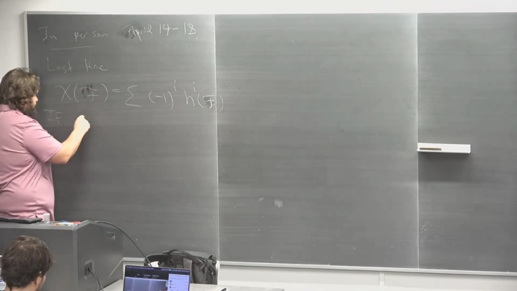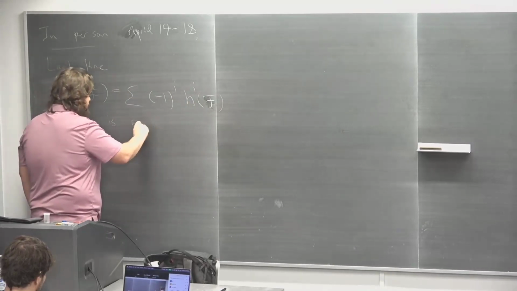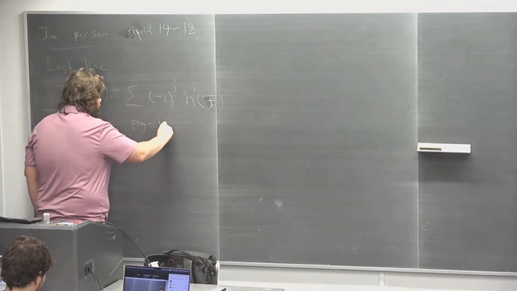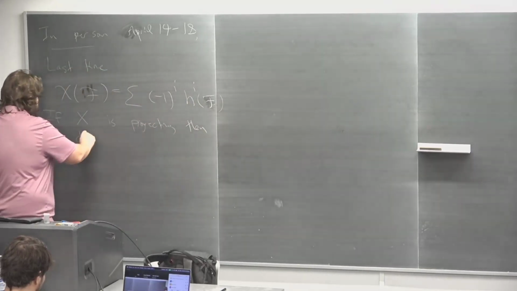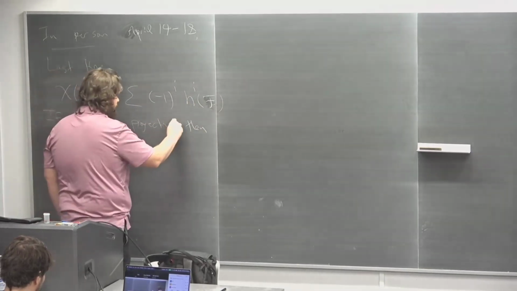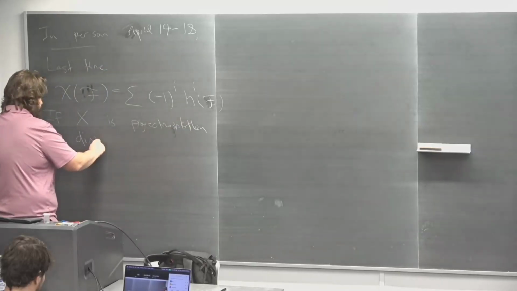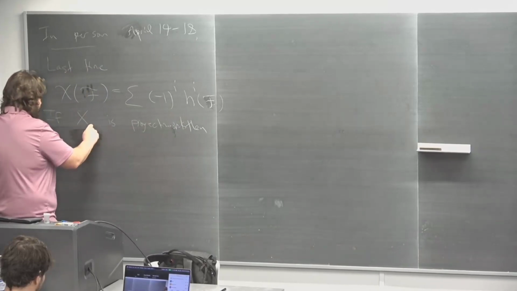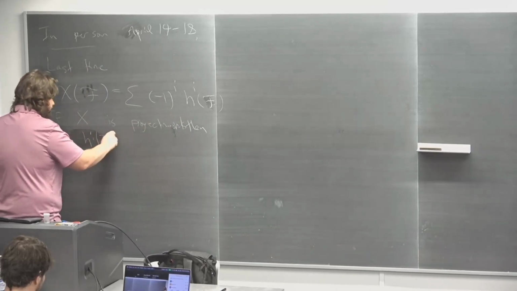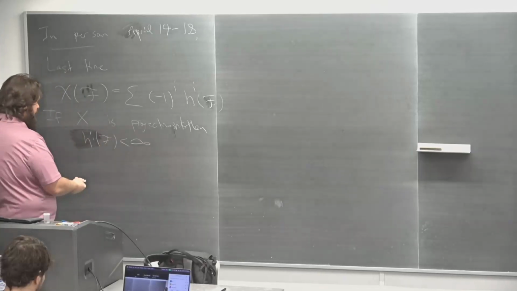If my scheme is projective, I should say projective over K, then the dimension of H^i F is always finite, and only finitely many of these are non-zero.